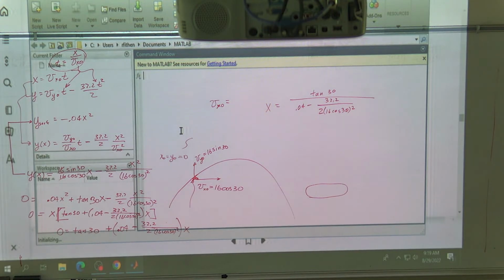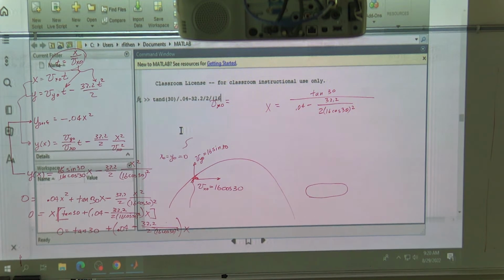So I don't have good peripheral vision in the sense that I can see all that, but I can try tangent degree of 30 divided by, gosh, 0.04 minus 32.2 divided by 2 divided by 16 times cosine degree of 30, and I put a bracket there and then square it.